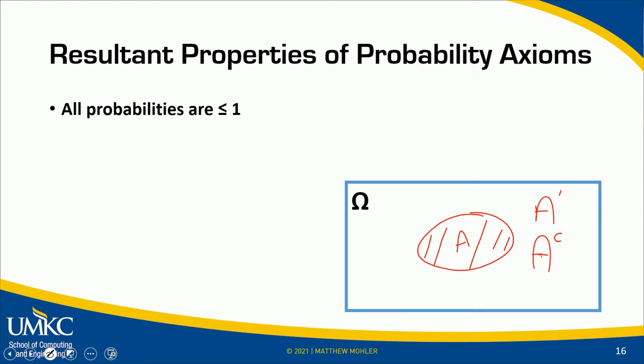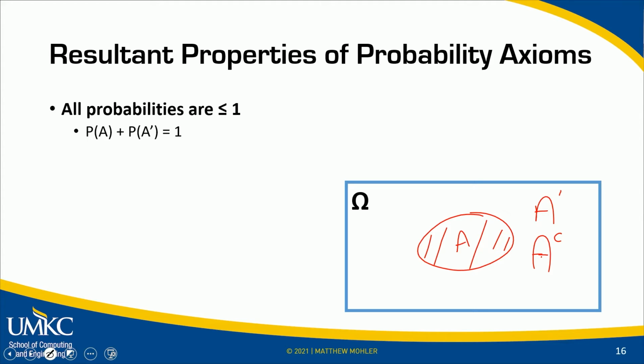Now, we can easily from this image note that the probability of A, which is again the probability of an event occurring inside that event, plus the probability of A complement is equal to that of omega, which is 1. Remember, we have the normalization axiom that says that the probability of omega will be equal to 1.